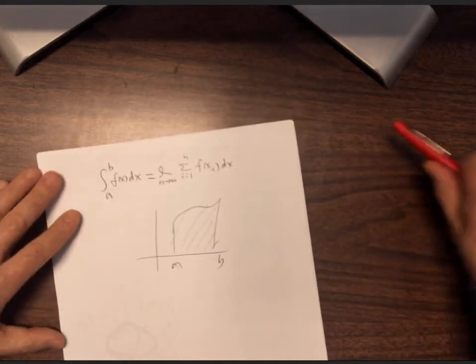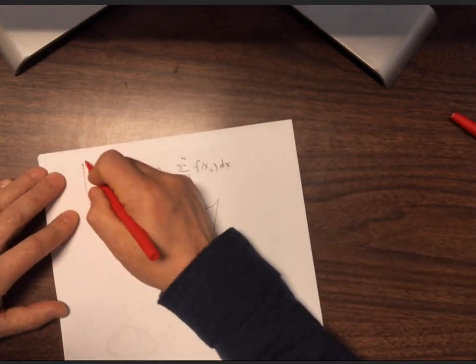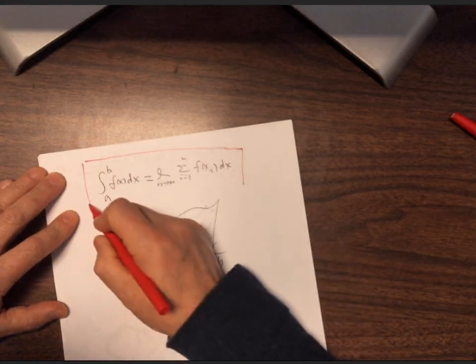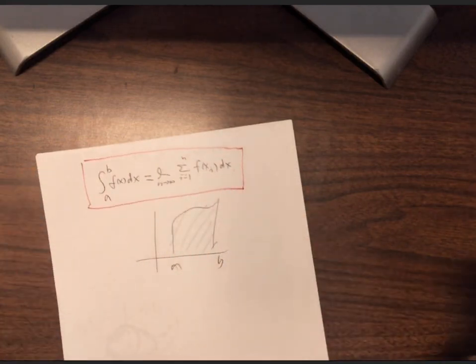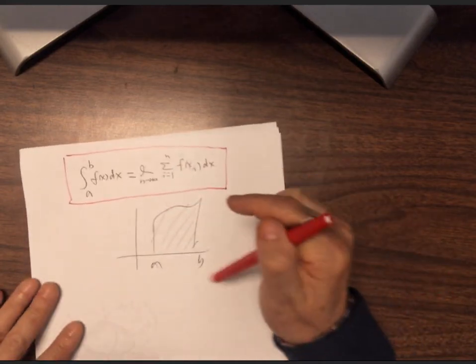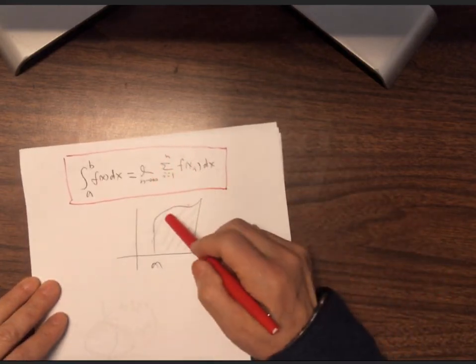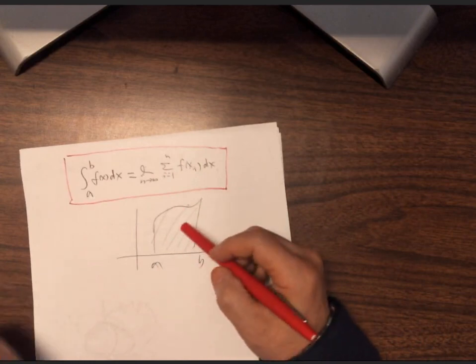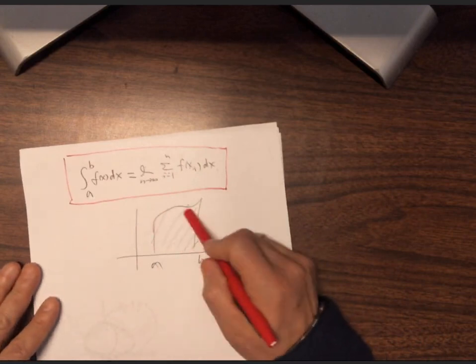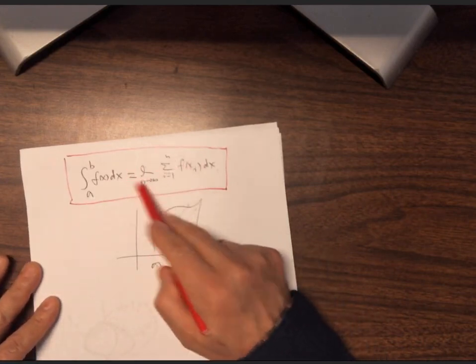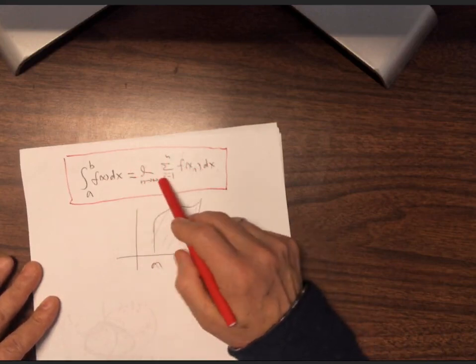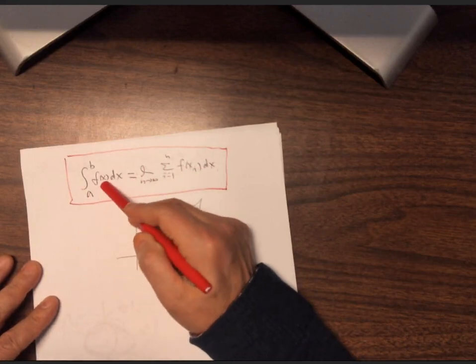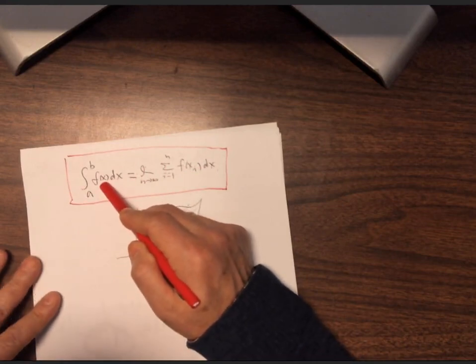So this is what was done in calculus 1. We use Riemann sum to try to evaluate the area of the region with a limit expression we called integration.